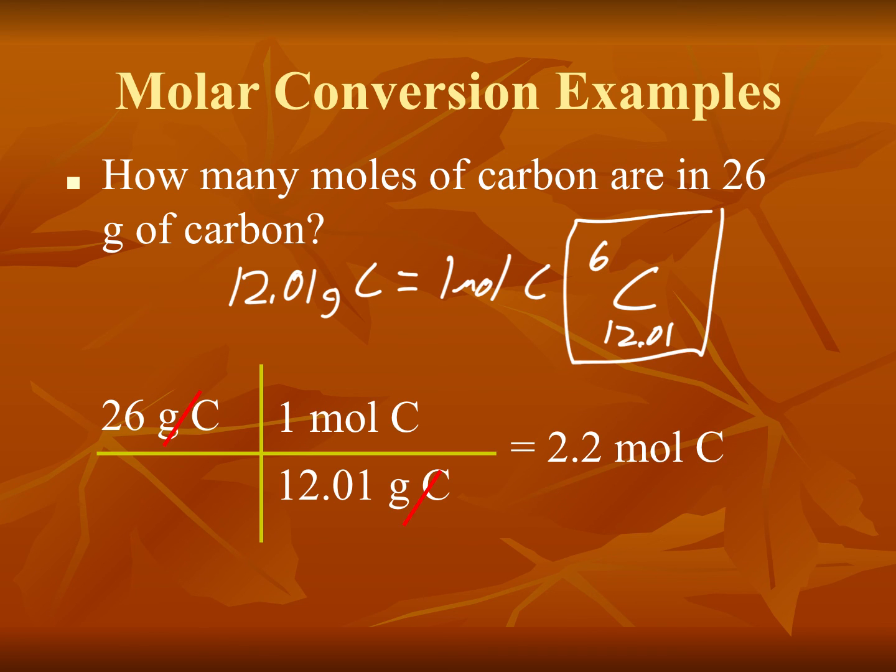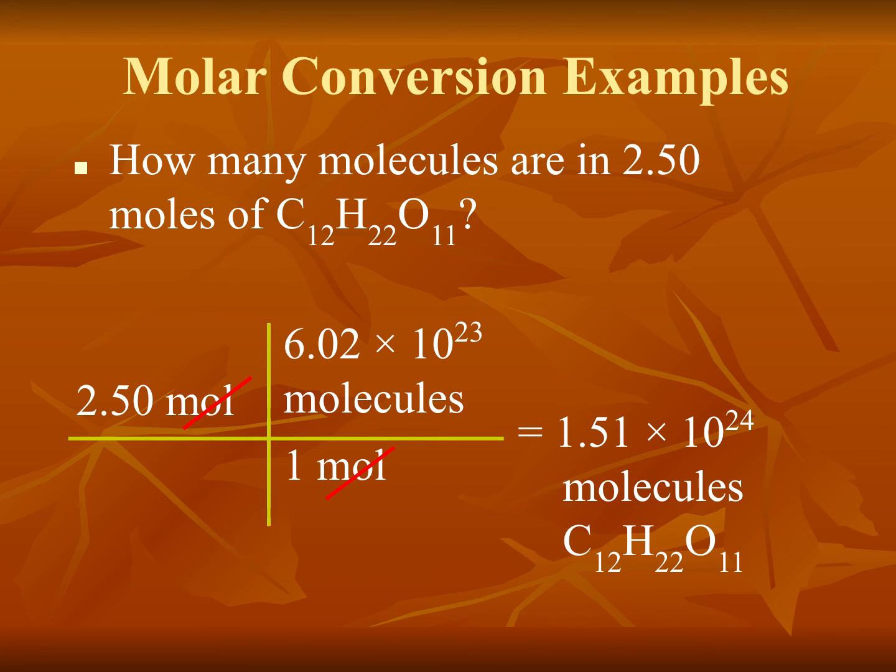It's the same thing. It's just now we can do multiple steps if we need. Here we have just one more example of how many molecules are in 2.5 moles of a compound, right? Now, we don't have an equivalency statement on the periodic table here. We could get the molar mass of this entire thing by multiplying it, but we are given how many moles it already has of it, and we're asking molecules.